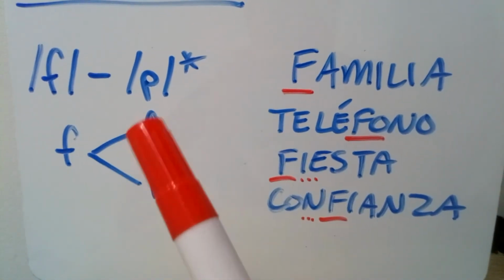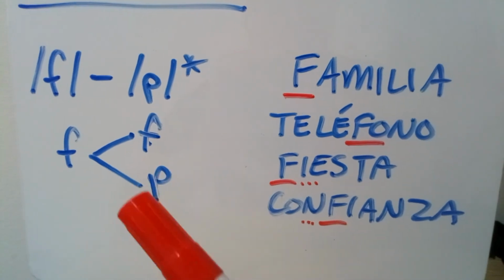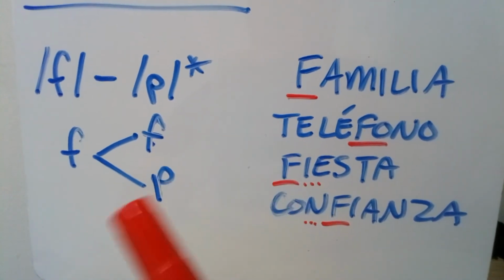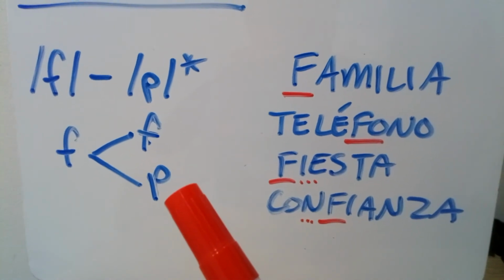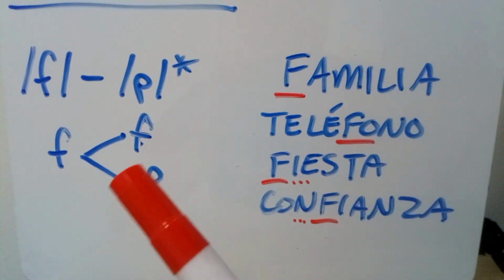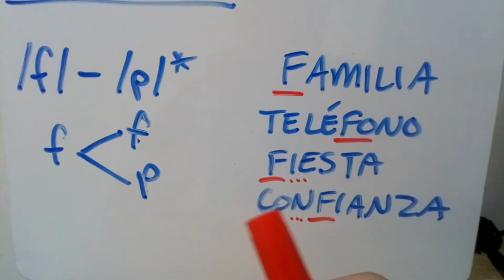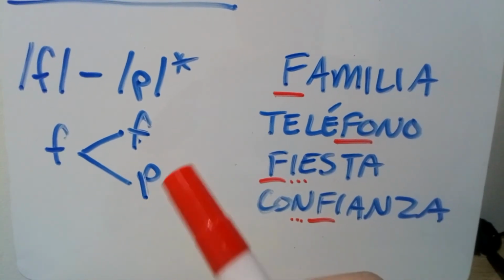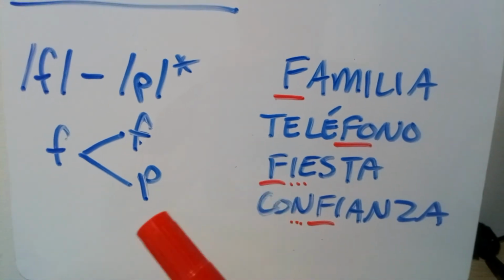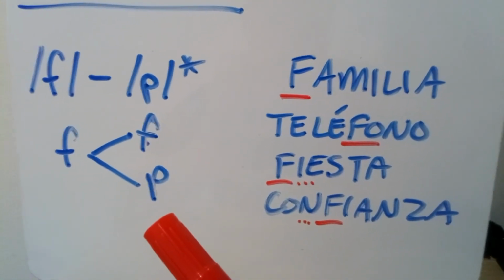Now, from time to time, you'll hear this f being pronounced as an f or a p, and that's why I put the asterisk, because sometimes Philippine Spanish speakers will make the mistake of pronouncing this f as a p. Compared to the standard dialect, where the f is an f and the p is a p, regardless of their positions, they're always going to be pronounced as such.